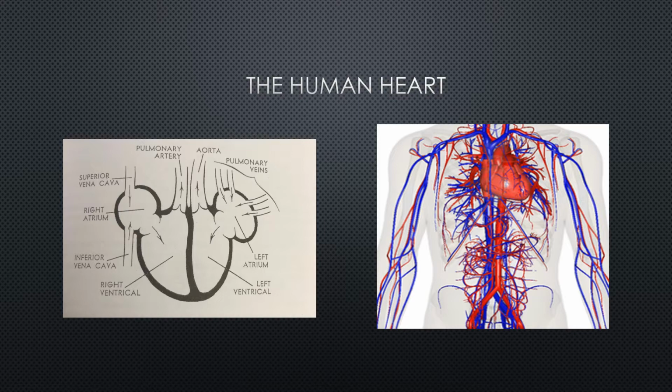In the left atrioventricular septum is a valve called the left atrioventricular valve. There are valves located at the opening of the vessels that exit the heart. The one at the exit of the right ventricle is called the pulmonary semilunar valve. The valve at the exit of the left ventricle is called the aortic semilunar valve.